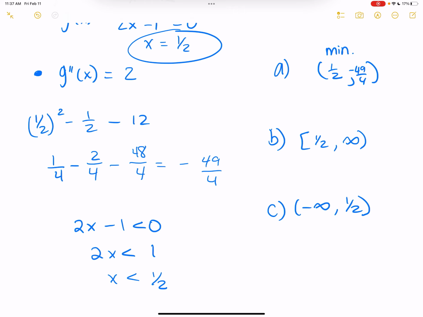There's something about the second derivative as well, which is what I was trying to find, so I made sure I said it correctly. It was something about the second derivative. If it's such and such, then that means it's a min or a max.